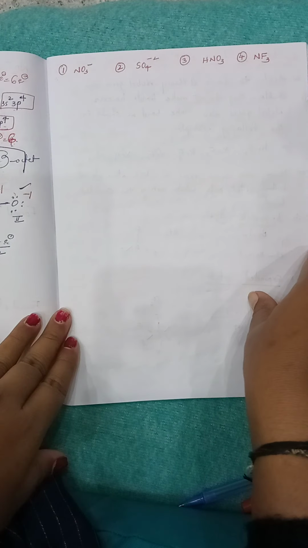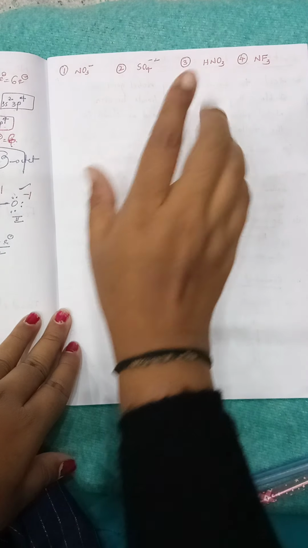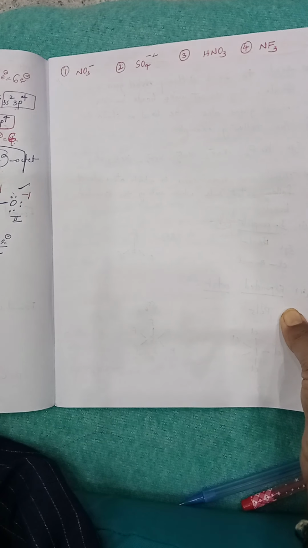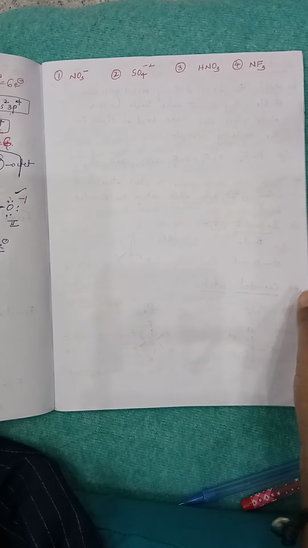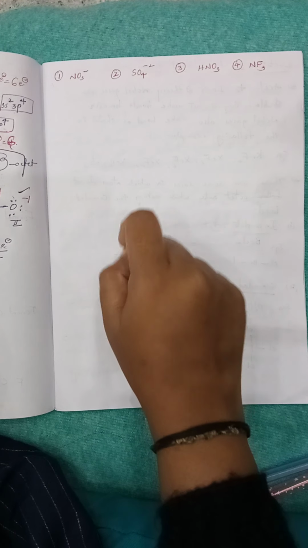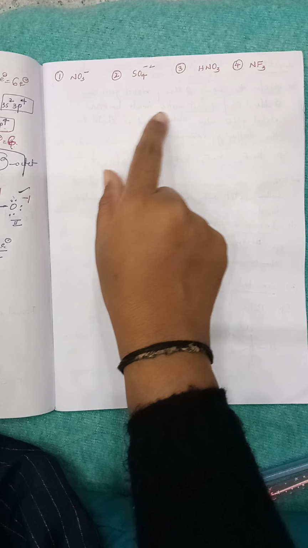So based on that, now I am giving a few questions. Okay, here are a few questions I have given. For the given 4 formulas or 4 molecules, try to write the Lewis dot structure and formal charges on each atom present in the molecule. Okay, this is homework for you.